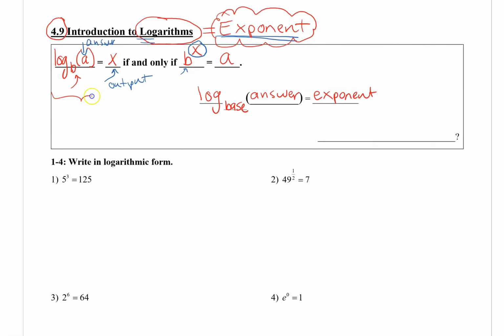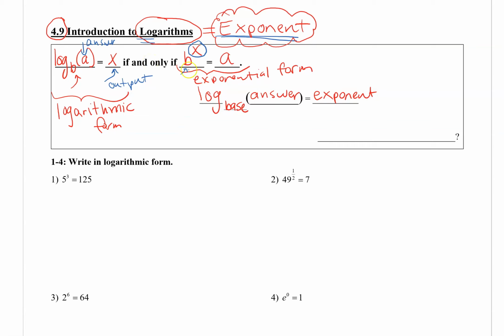This version here, the one with the log, is called the logarithmic form. And the one over here written with a base b and a power of x, we call that exponential form. But these two expressions are saying the same thing.